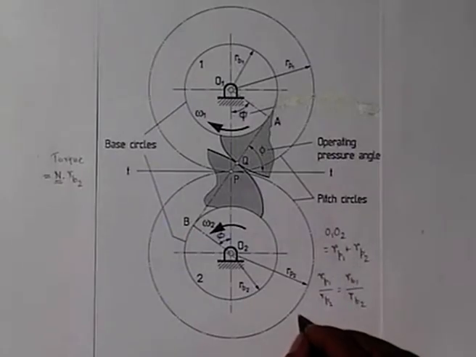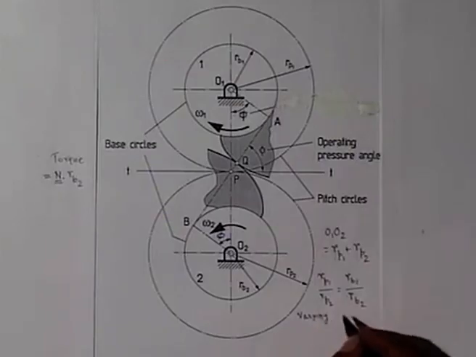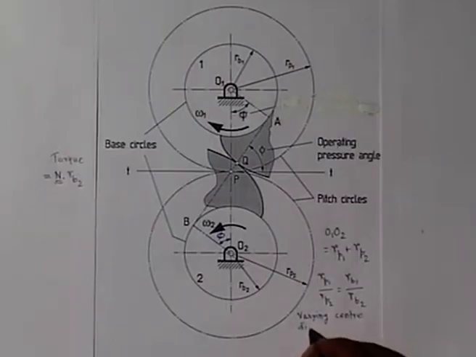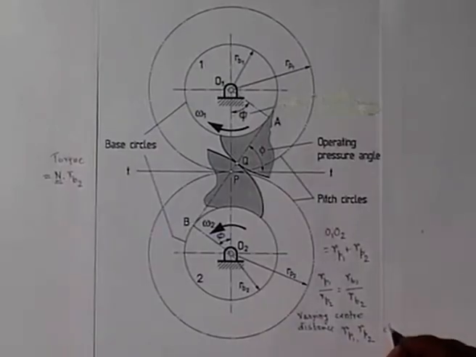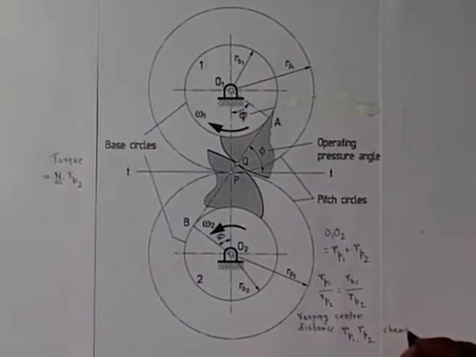with varying center distance, if the center distance varies, the pitch circle radii Rp1 and Rp2 both change, but the ratio of Rp1 and Rp2 remains the same.